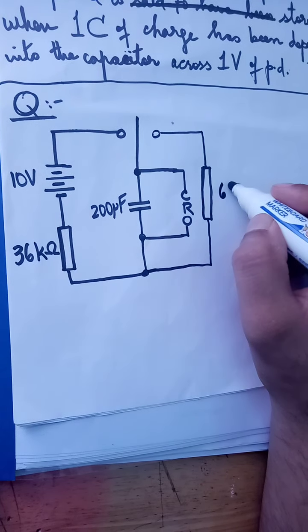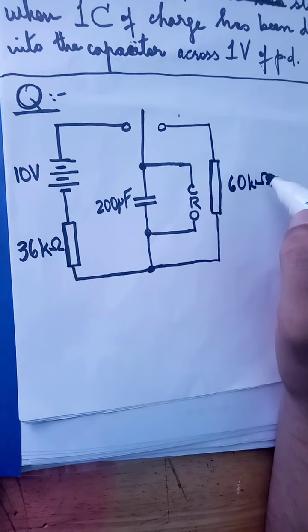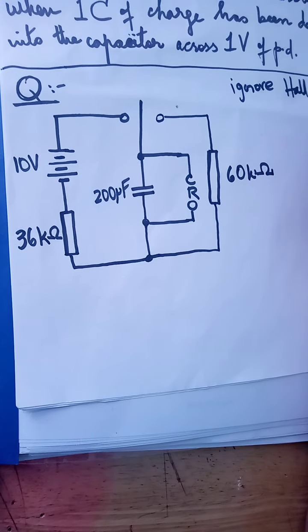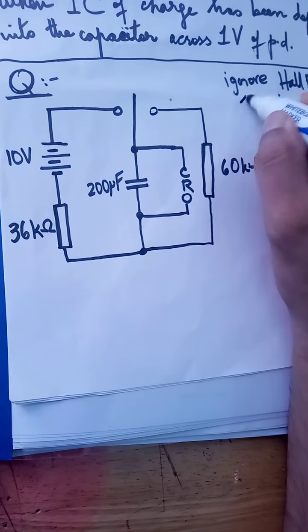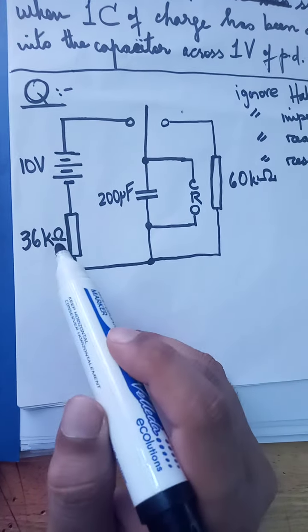What should I give this? I'll give it 60 kilo ohms, I think. Okay, so we've got a basic capacitance bipartite circuit with CRO input. I want you to please ignore Hall effect, impedance, reactance, resonance. Just focus on 60 kilo ohms, 200 microfarads, 10 volts, and 36 kilo ohms.